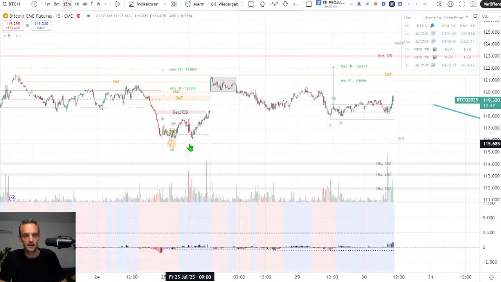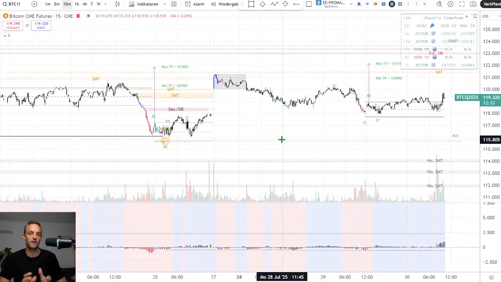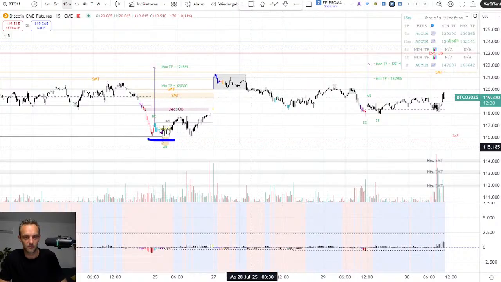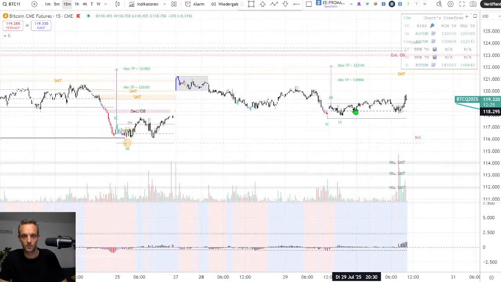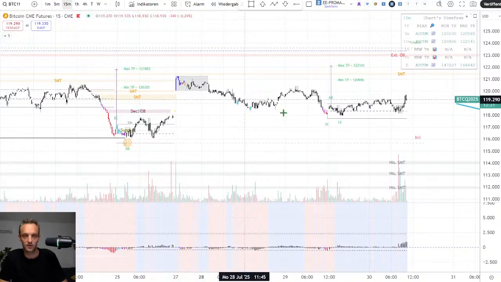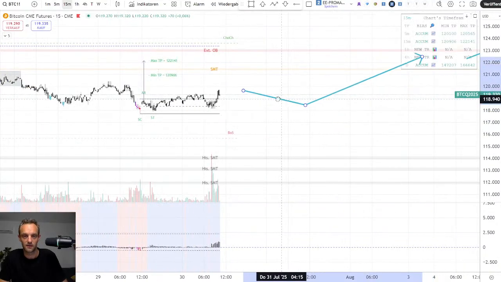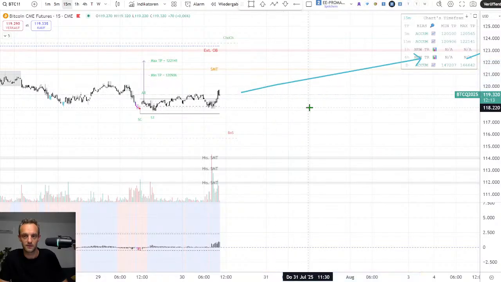But of course, in Bitcoin, we also see this Wyckoff method, Wyckoff logic, in the lower time frames. So we see a similar situation in this area. We see another similar situation in this area. So coming down to these levels, I would suggest that we will spike to the upside immediately.